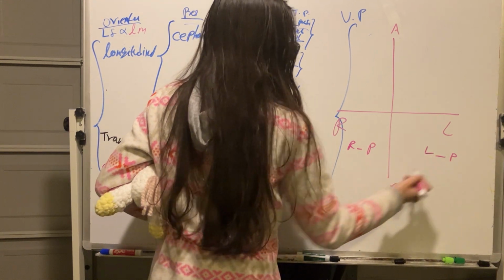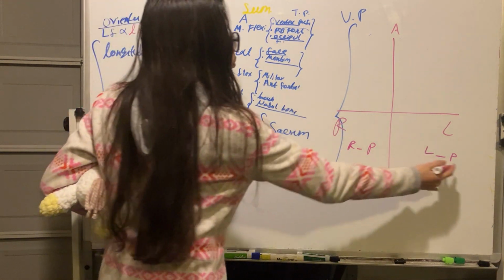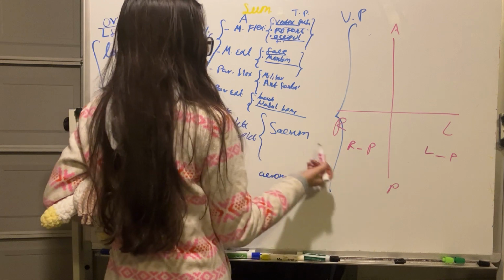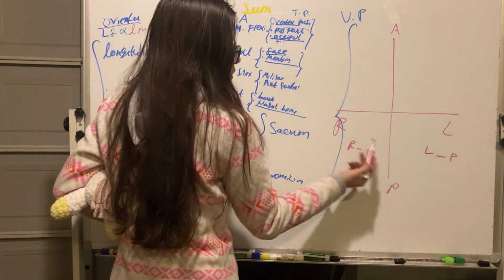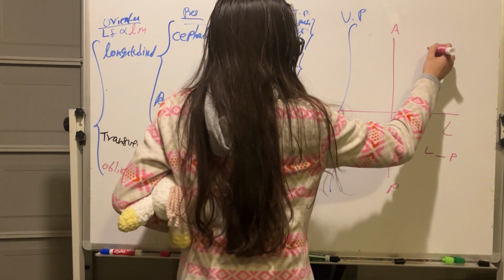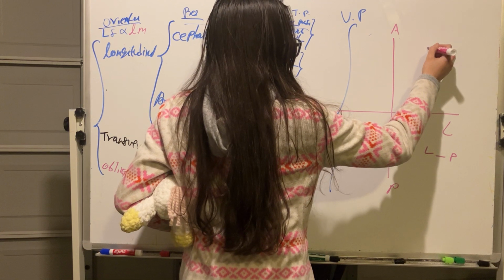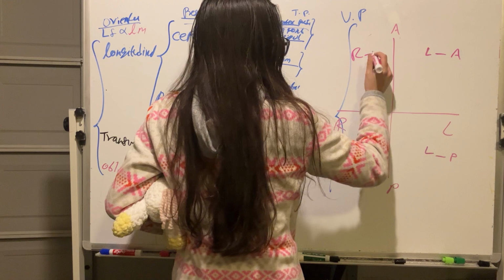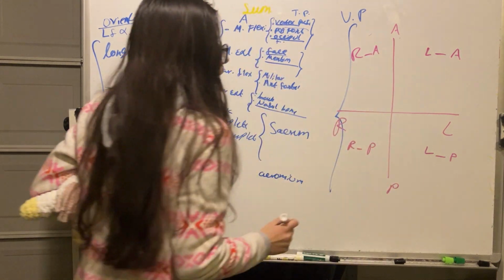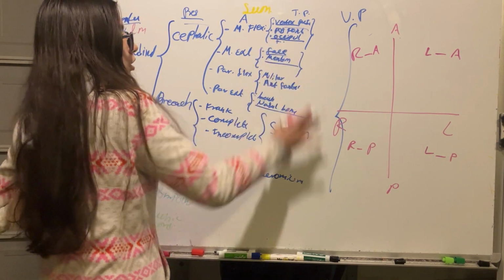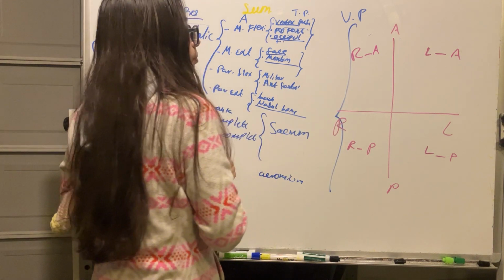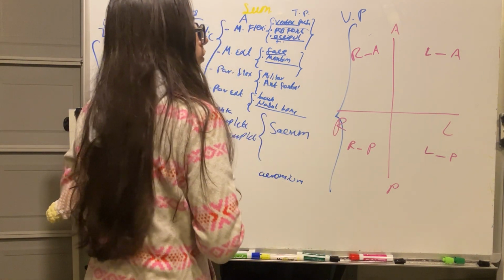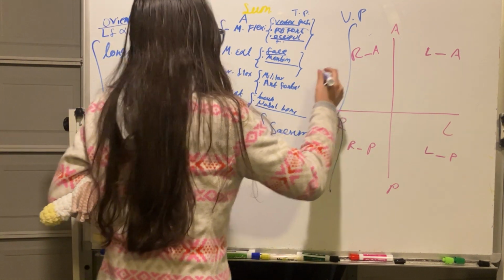So left occiput posterior, or left mentum posterior, or right occiput posterior, or right mentum posterior, for example. Here is left anterior and right tokonomic point anterior. So for each one of these we have 8 variety of position or variation of positions.